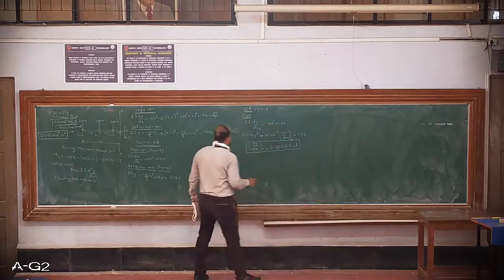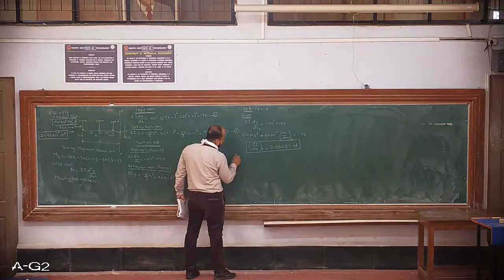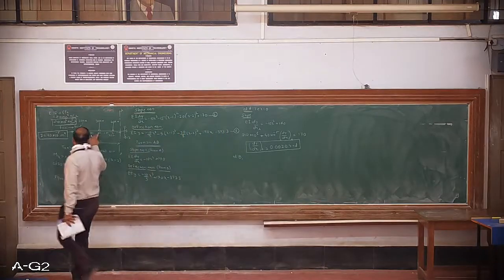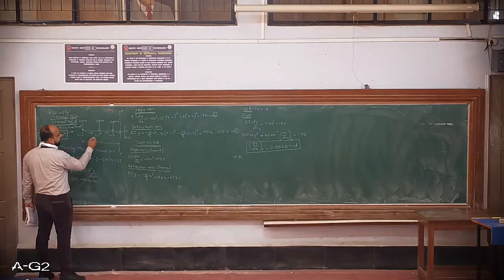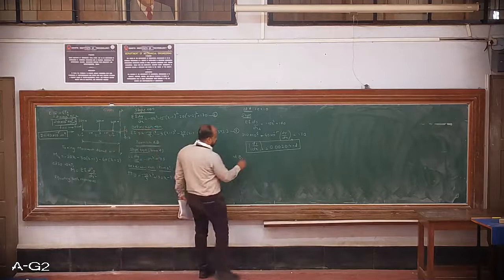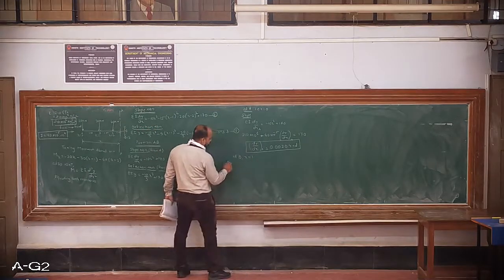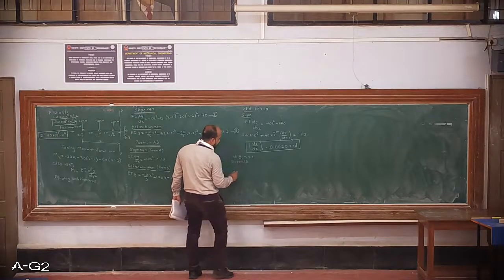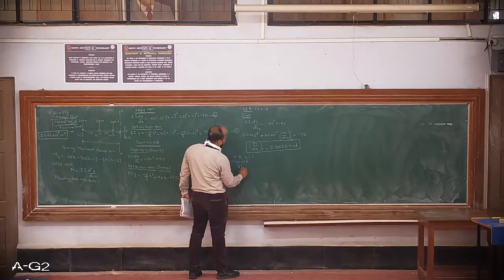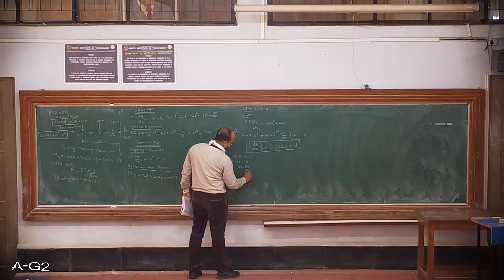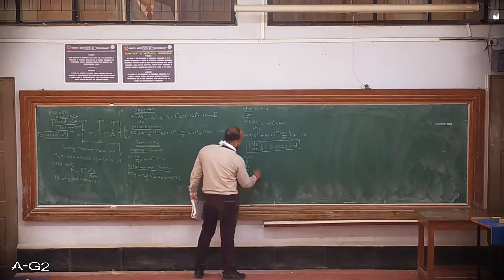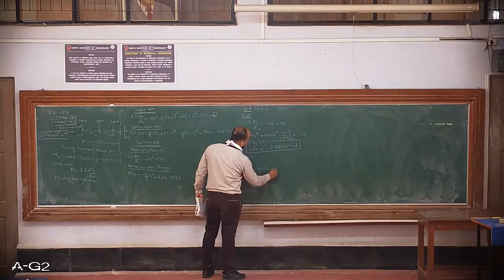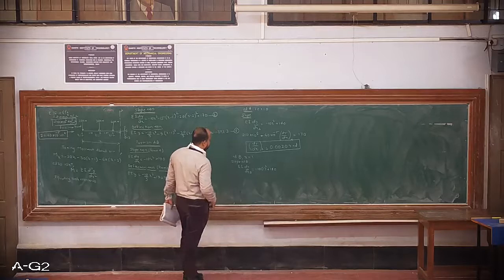Then at B, what is the value of x at location B? x is nothing but 1. Therefore, slope at B, again the same thing: EI dy by dx at B will be minus 10 into 1 square plus 170.